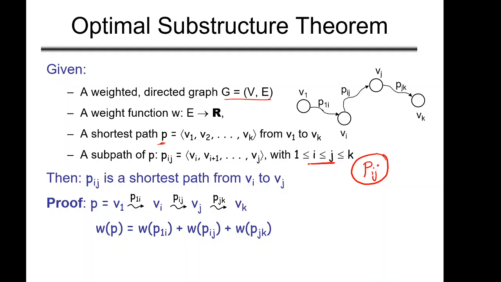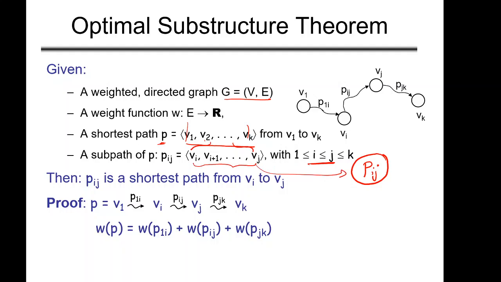So we have a shortest path from V1 to Vk, and there is some Vi at some point, and at some point there is some Vj. i and j lie between 1 and k. There is a path from Vi to Vj, and let's call it Pij.